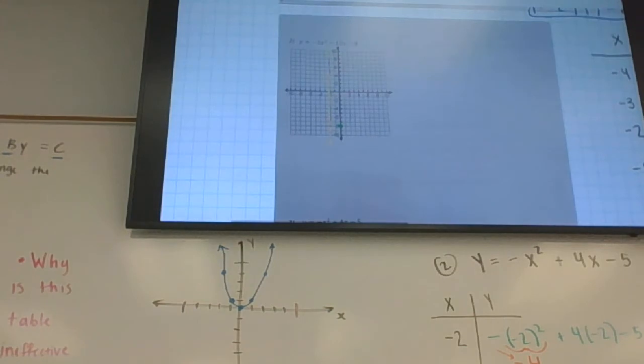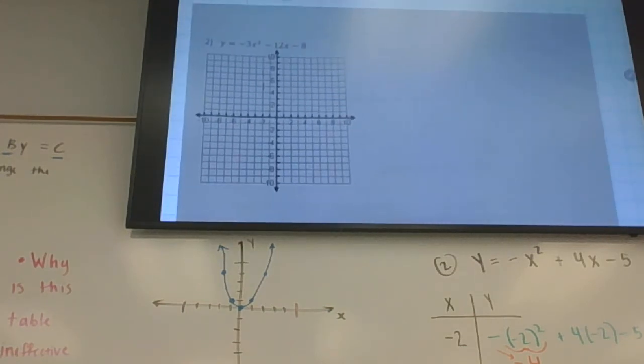All right, let's see what we can come up with. Isabel, what are we gonna identify first? Y-intercept. That's the easiest point. It's in the same place as it was on the linear equation.